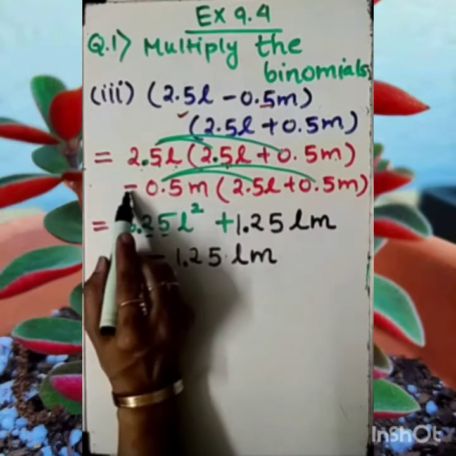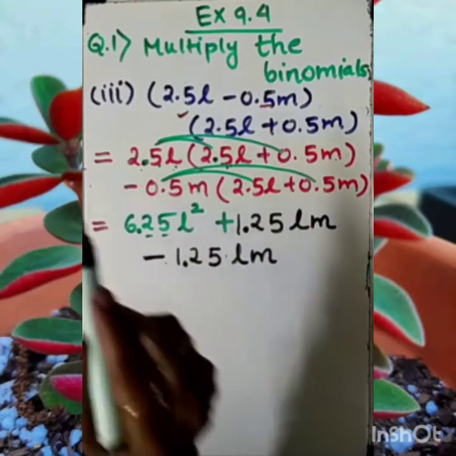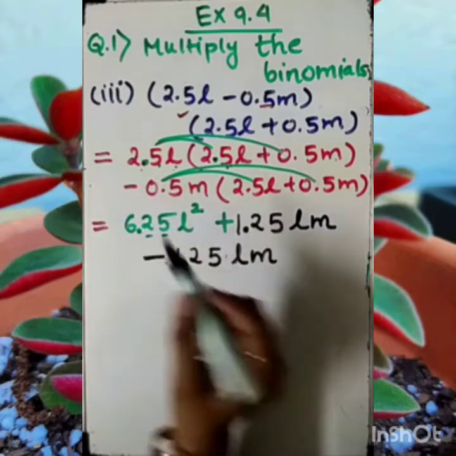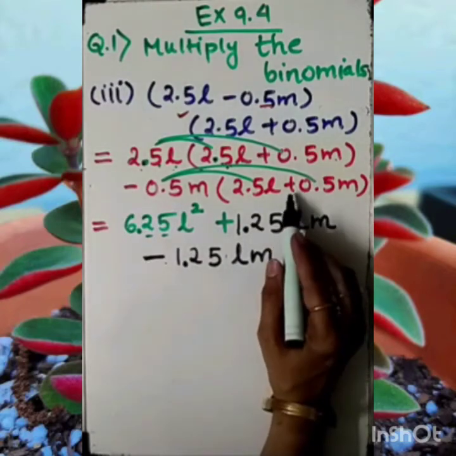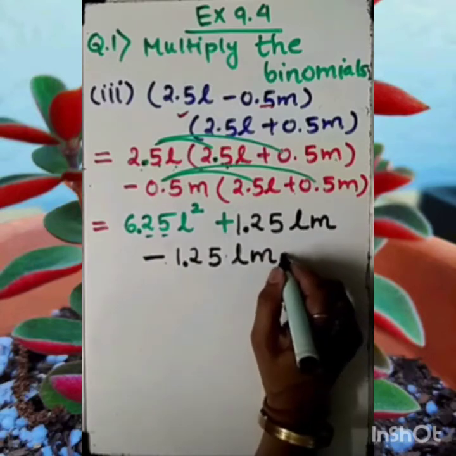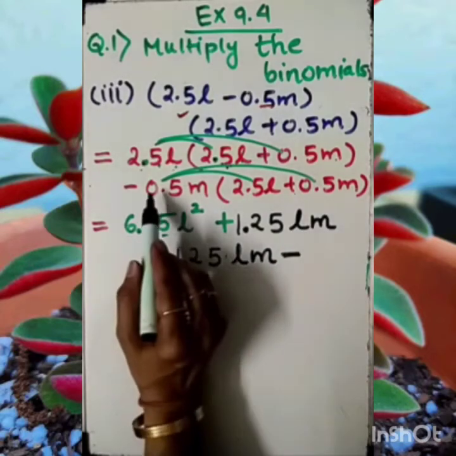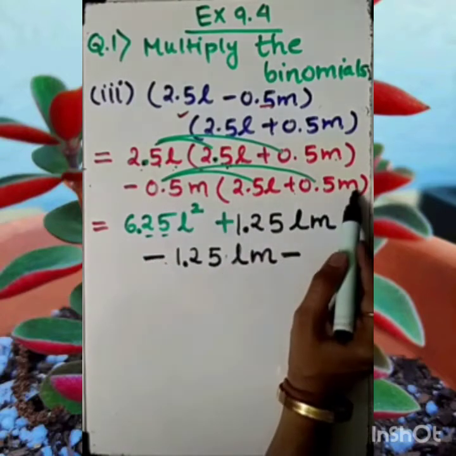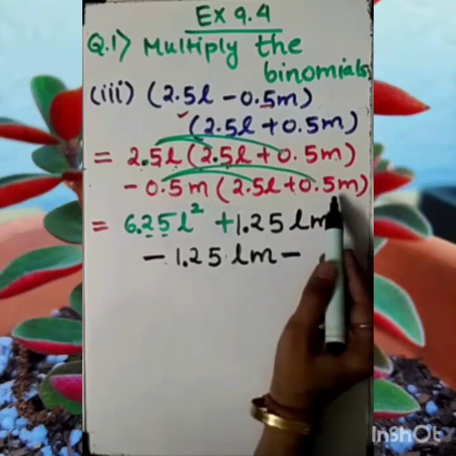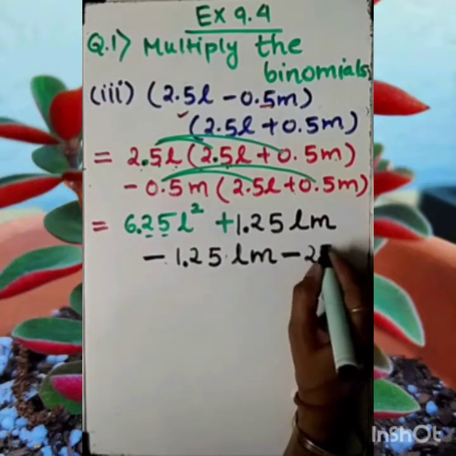As we know that here it is a minus sign outside the bracket, so be careful, dear student. Here minus is there, so inside the bracket where it is plus, it will be changed and it will be minus now. Now same thing as we did in the previous step, 0.5m, 0.5m. How to multiply? Simply 5 times 5 is 25. Let's note down 25.